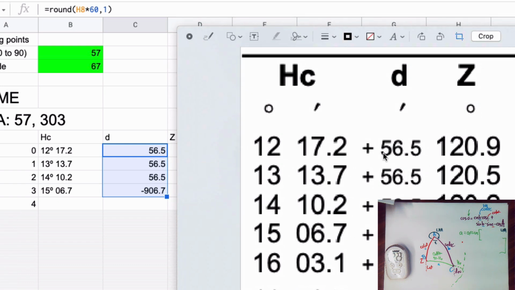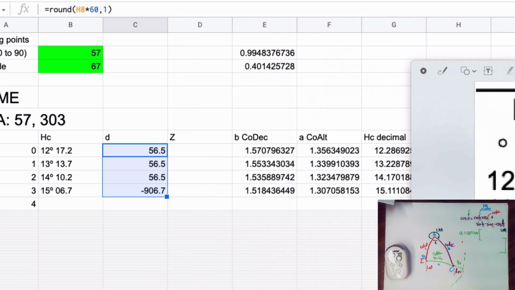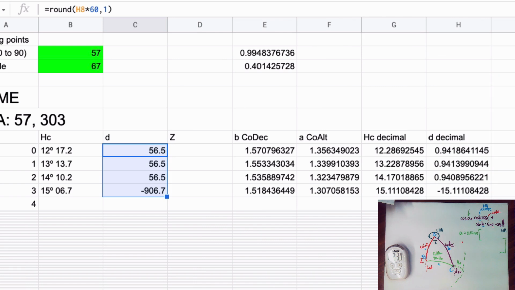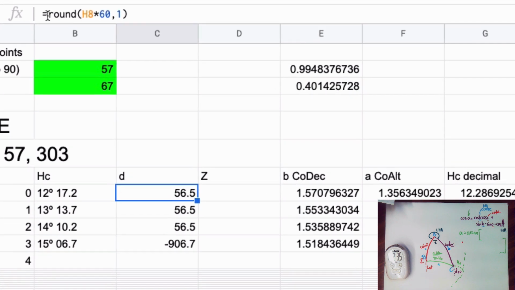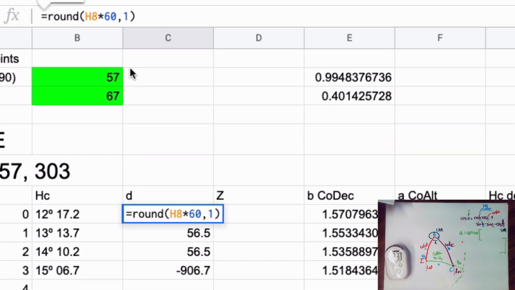So we've got 56.5 as my delta, but one thing is we don't have the plus sign. So we're going to put in a plus sign, and we're going to do that with a little logical structure. If it's positive, we want to put a plus sign.